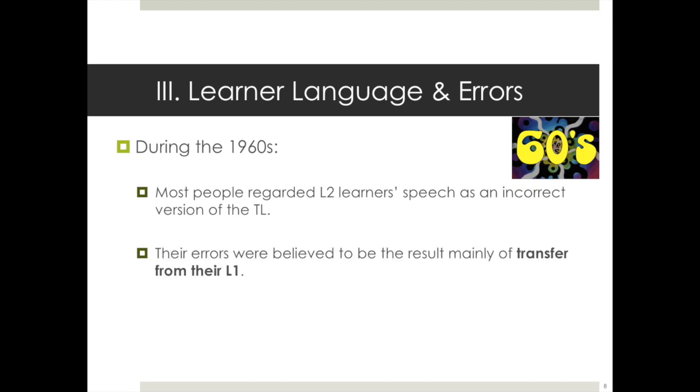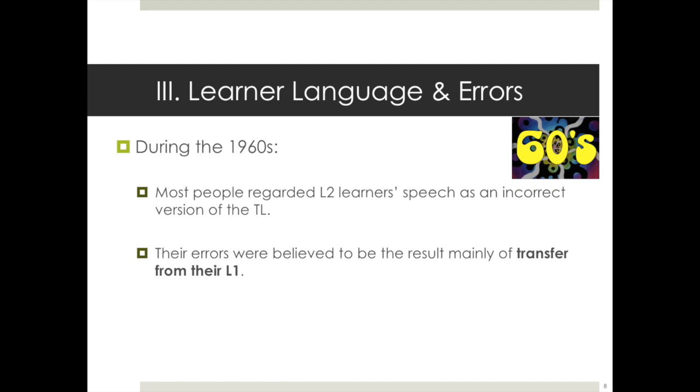Their errors were believed to be the result of transfer from the first language, and this we have talked about when we mentioned the famous theory of contrastive analysis. It's not really a theory, but more of a model explaining that there's transfer that takes place between first and second language systems, and by contrasting the two systems we understand how transfer takes place.